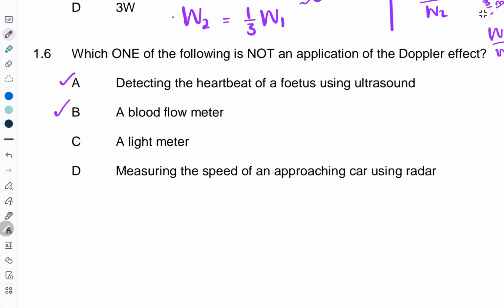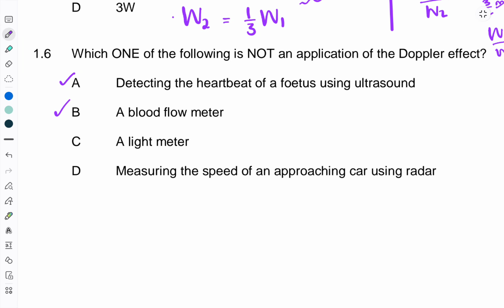And then a light meter. No. Even the word light meter doesn't fit the working principle of the Doppler effect, because with Doppler effects we usually work with sounds, not light, sound waves and so on.